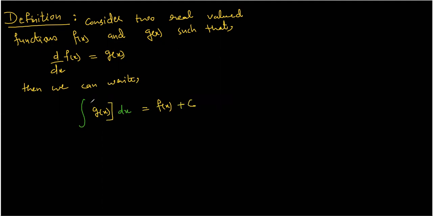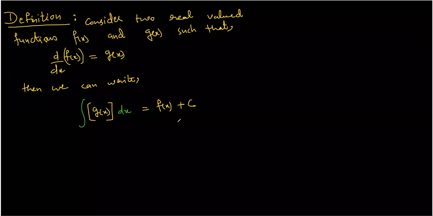What have you written, students? Integral g of x dx is f of x plus c. What did you do? You added c. Derivative of f of x with respect to x is g of x. So integration of g of x will be f of x plus c. This constant is always added.